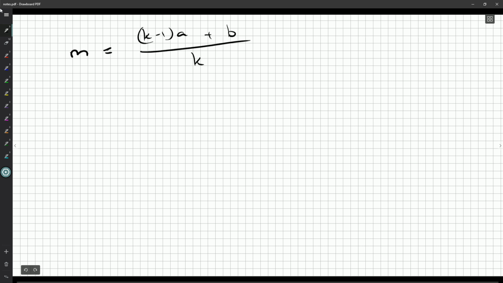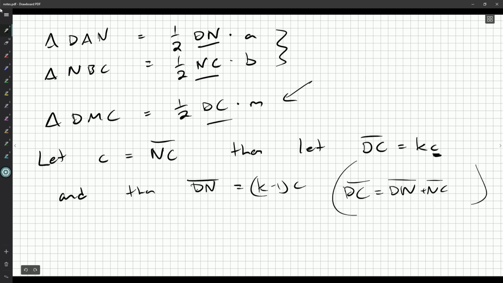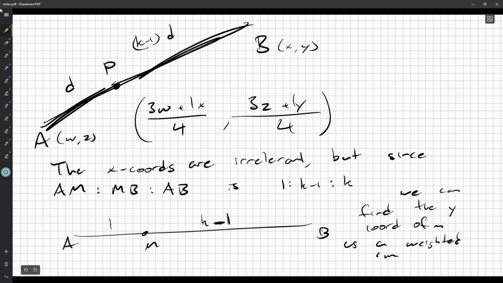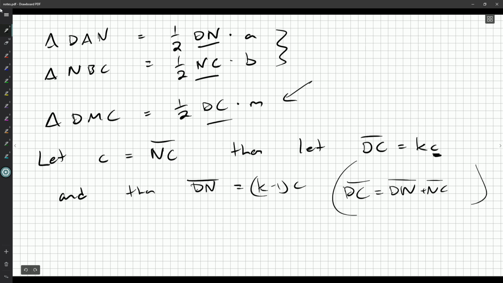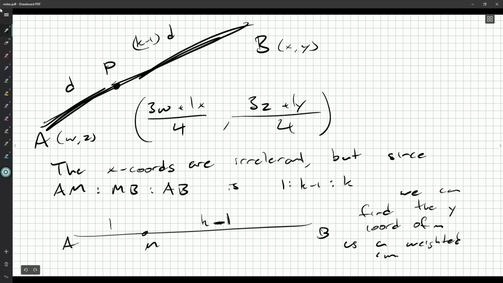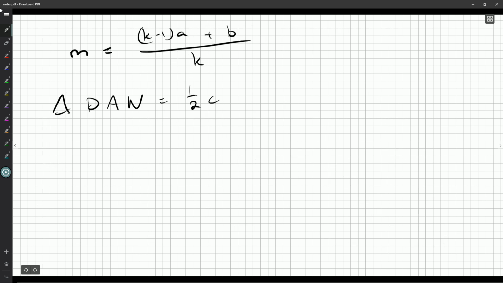So now, hopefully we can come back and put all this together. So if we say, all right, now update. DAN is 1/2 DN, but what did we say DN was? Well, DN is just K minus 1 C. I'm going to write it as C times K minus 1.